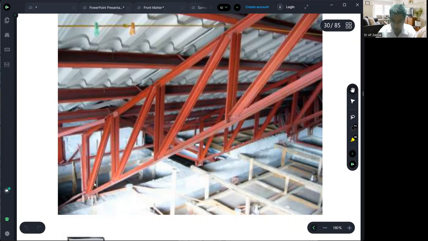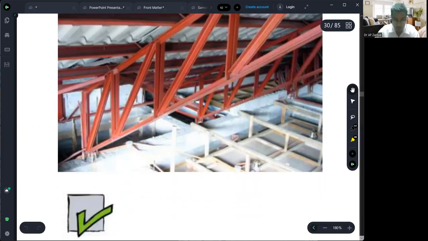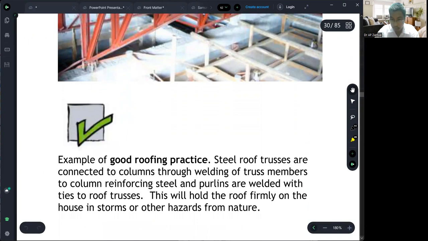I see this one on this one. I think this is not bent over but welded. So another example is welding. Not only bending or hugging or connecting in that manner, but it can also be welded. So this is another good roofing practice.